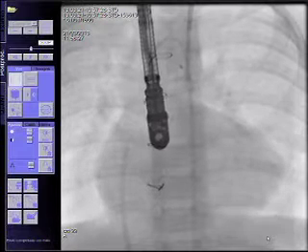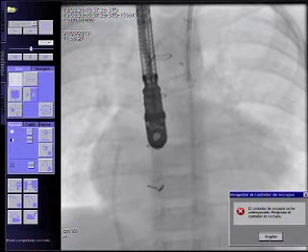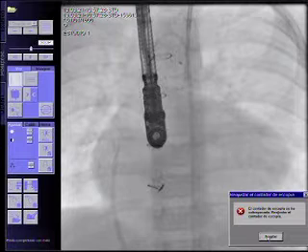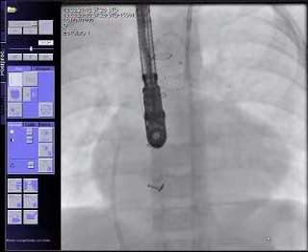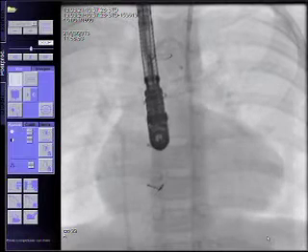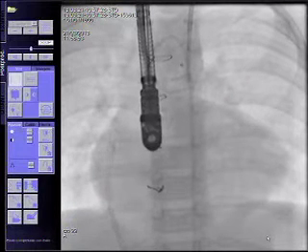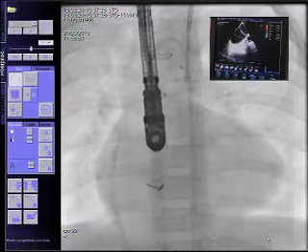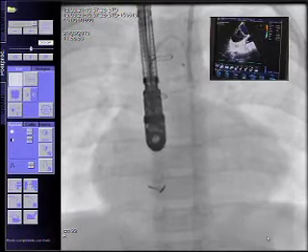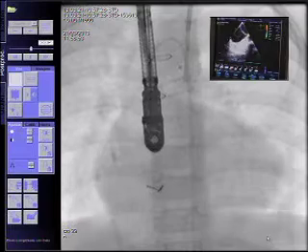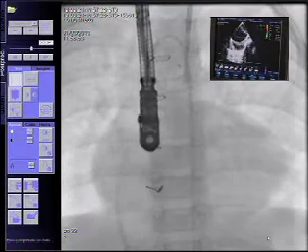I know it's a little boring for you, but what sheath and dilator setup is that? That's good. Now we have a little insert of the echo on the image, which is better.